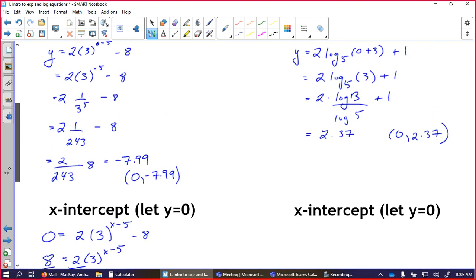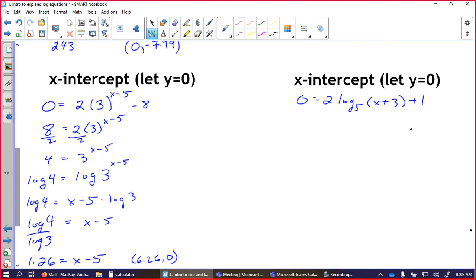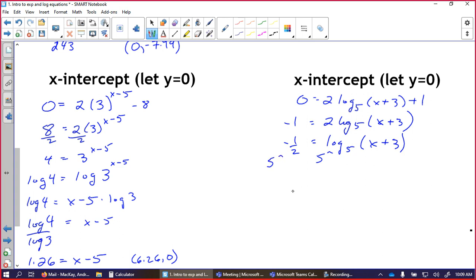I need the equation for this one. 0 equals 2 log base 5 of x plus 3, plus 1. Minus 1, then divide by 2: log base 5 of x plus 3 equals negative a half. To get rid of this, we raise it to the 5th power. Well, the square root of 5, or 1 over the square root of 5. Oh dear.